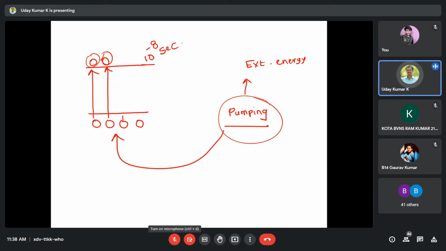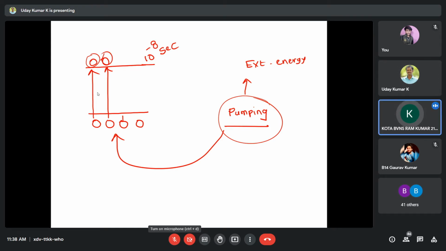In a fraction of a second after you send them, they come down. So at any point of time, you will not see 3 atoms in the higher energy level, but at most 2 in the higher energy level and 2 in the lower energy level. Is this okay?